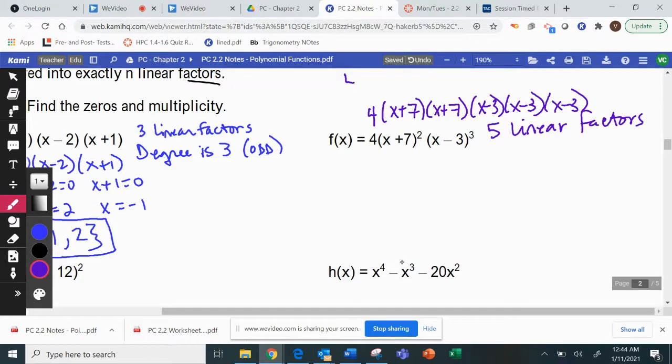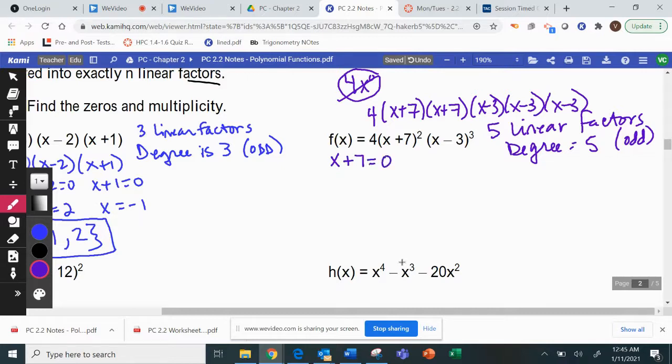Unfortunately, 4 would be like 4 with an x to the 0 on it, which does not qualify as a linear factor. So the linear factors would have to have x to the first power. We've got 5 of those. So this would be a degree of 5, which is odd. And I'm doing this because you're going to have to do it in your assignment. It didn't ask me to do it for this question, but it's to help us understand what you're doing in your assignment.